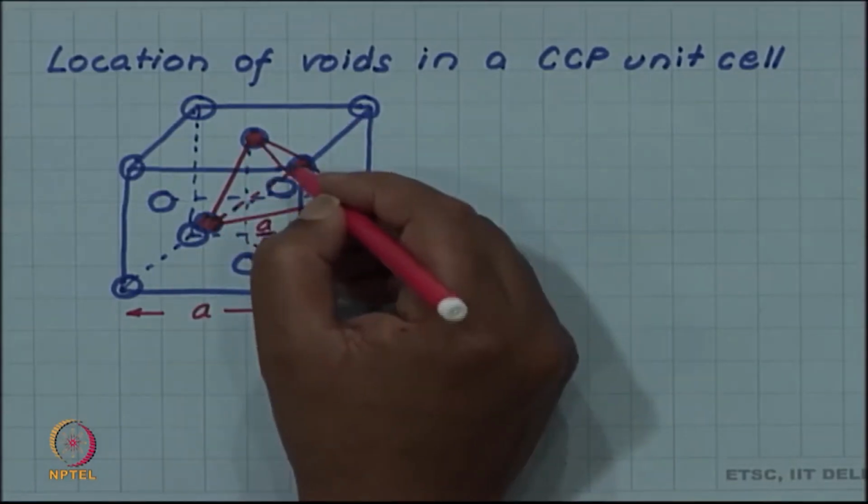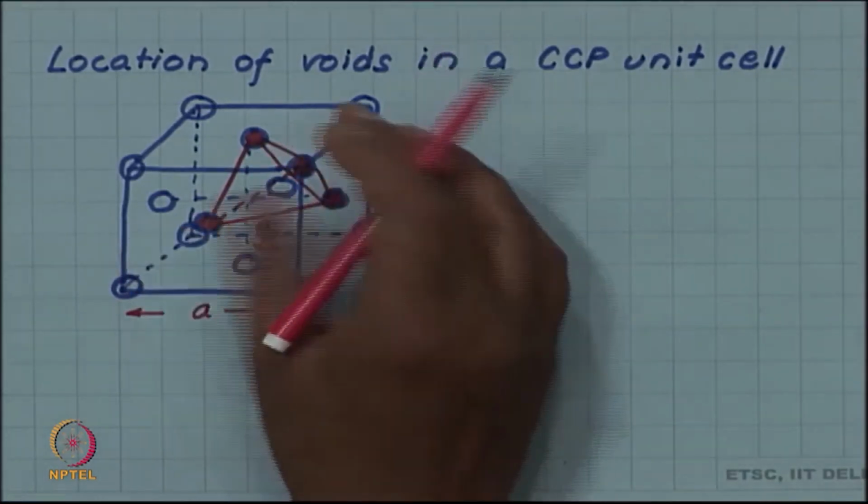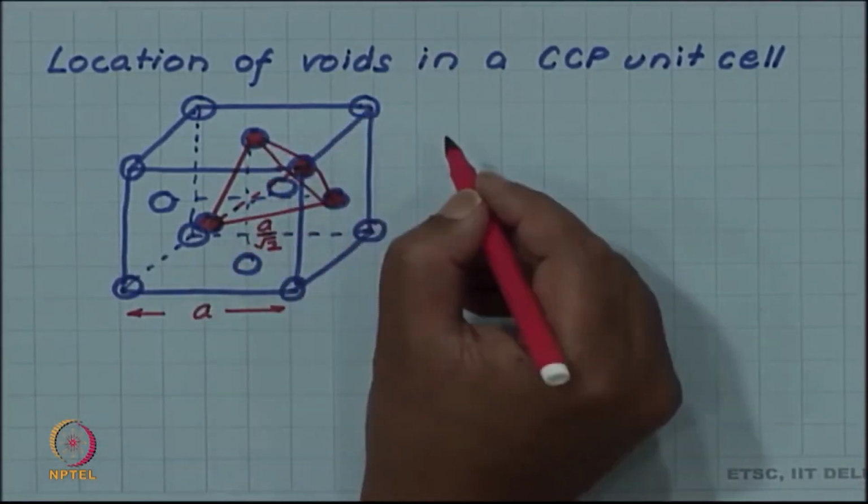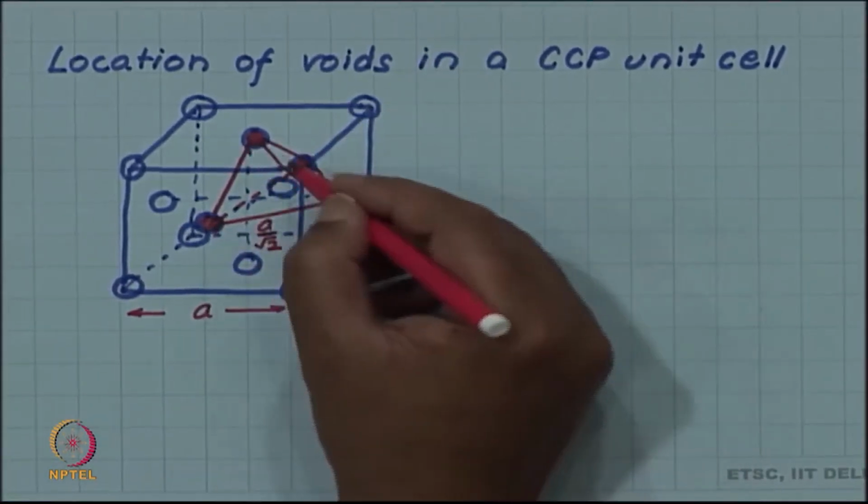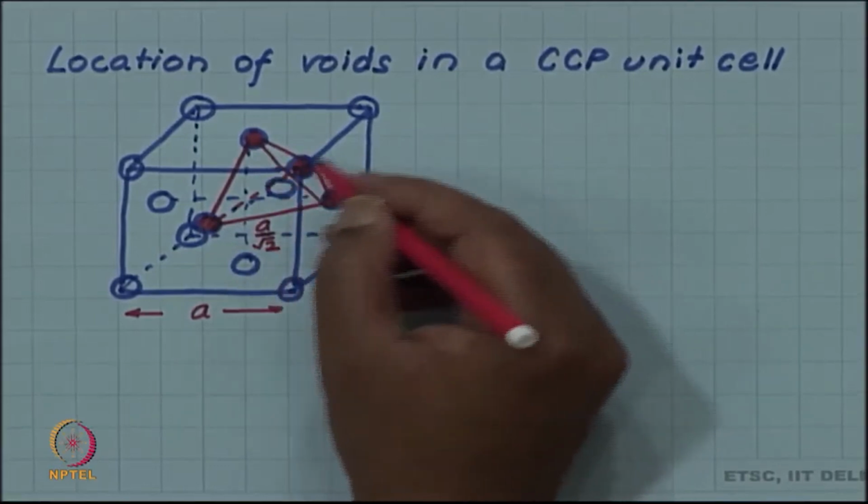This tetrahedral void is totally inside the unit cell. You can see that the bounding edges are all either on the face of the cube or inside.